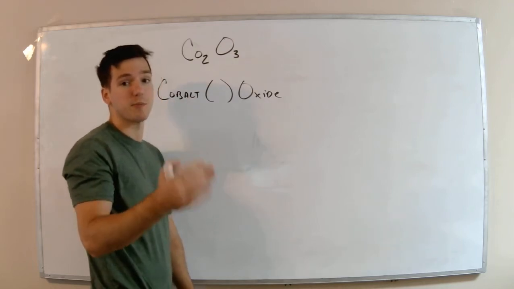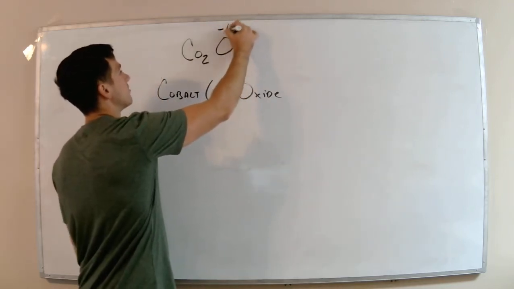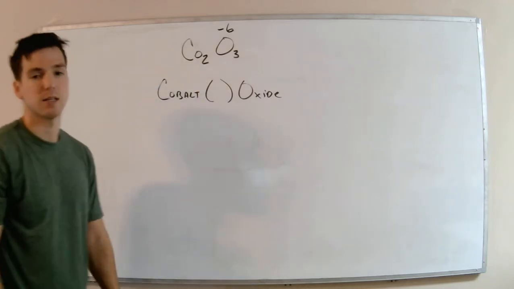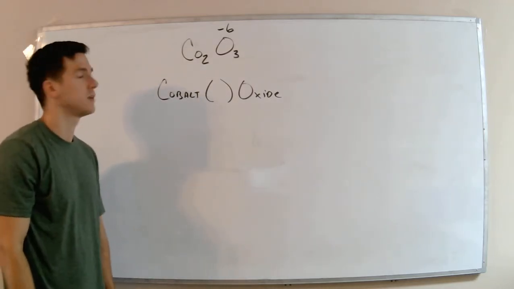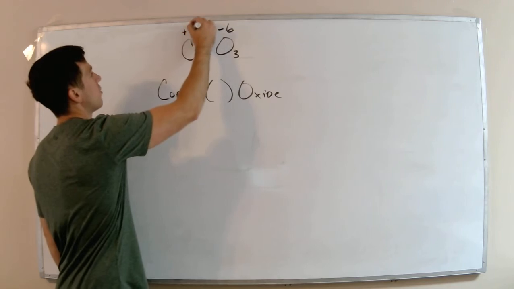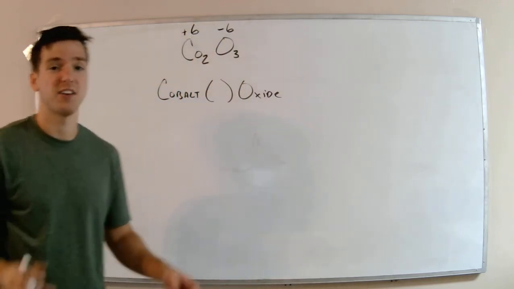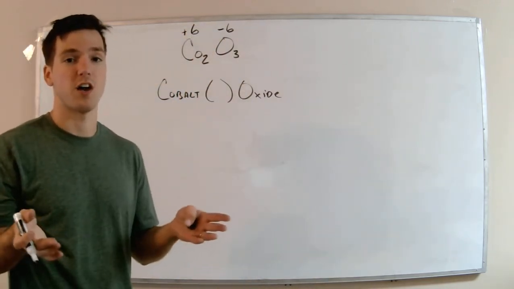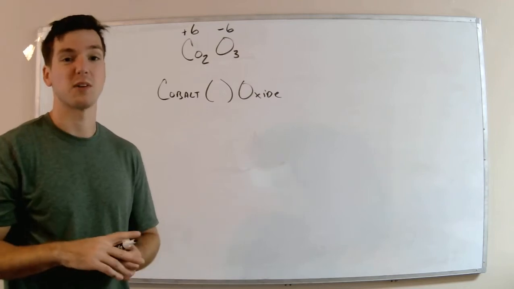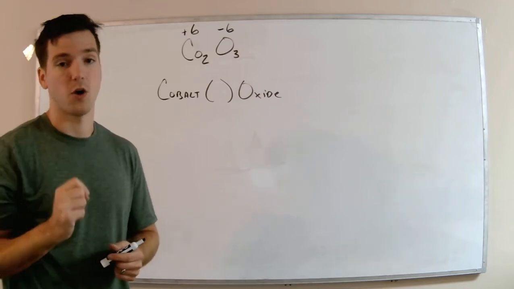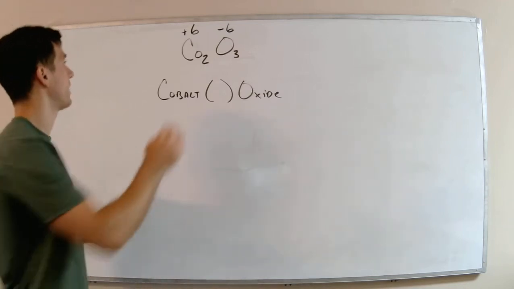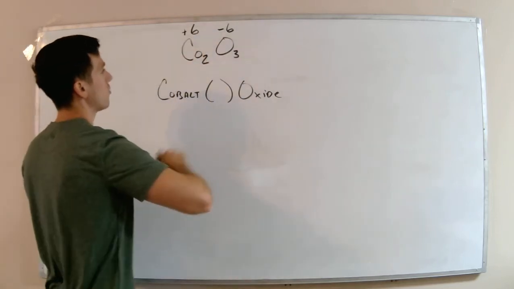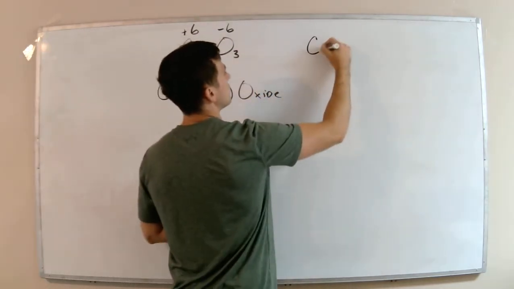So 3 times -2 is a total charge of -6. That means all these cobalts have to have +6, but I don't want the total charge of all the cobalts. I just want the charge on a singular cobalt atom.